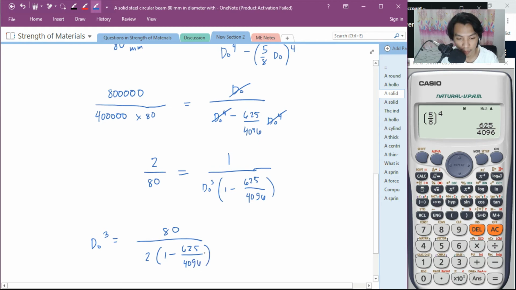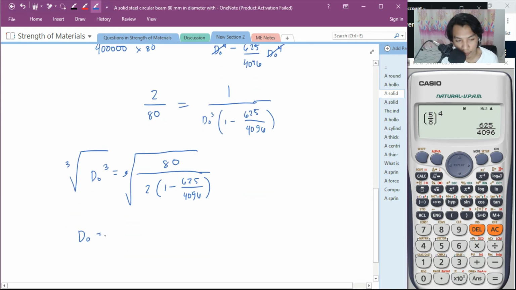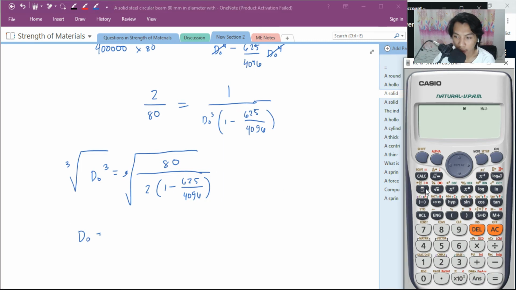The whole thing. Now, take the cube root of this; that will be the value for Do. Cube root of 80 divided by 2, which should just be 40, times 1 minus 625 divided by 4096.